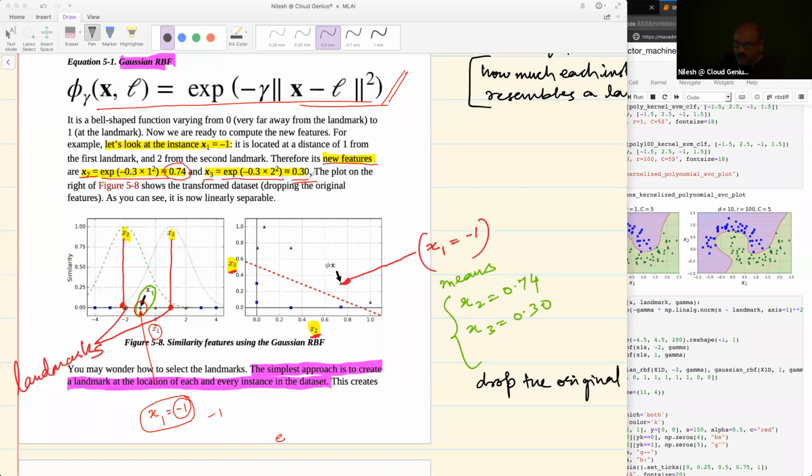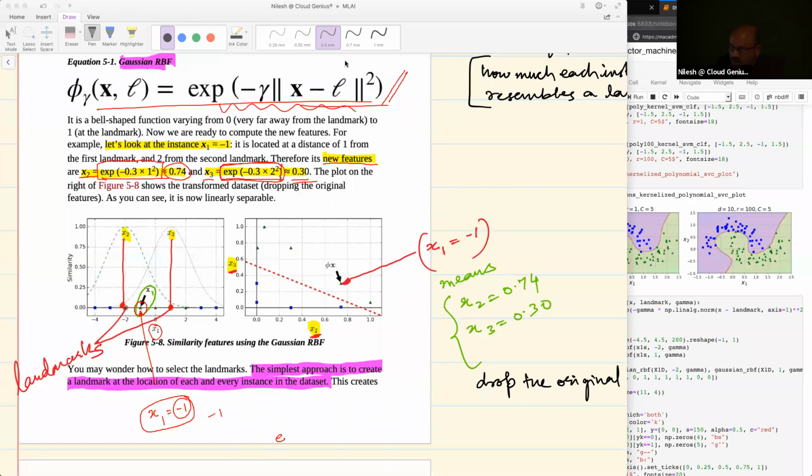Now these calculations that they're doing are not super intuitively obvious to me, but let's get back to that one later. So why this math? This is basically a representation of this function, e to the power minus gamma times, they're calculating the norm. Okay, the norm calculation, that's what's going on.